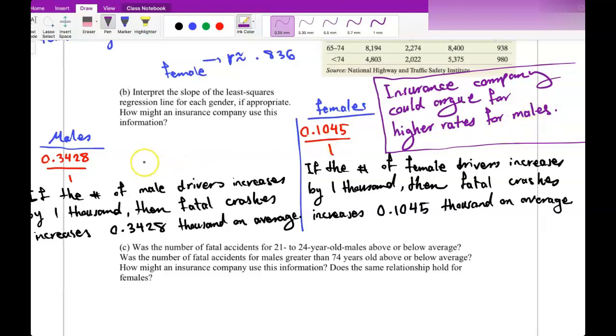And that is because here the slope for males is larger than what we have for females. So that number is greater than this number here for females.